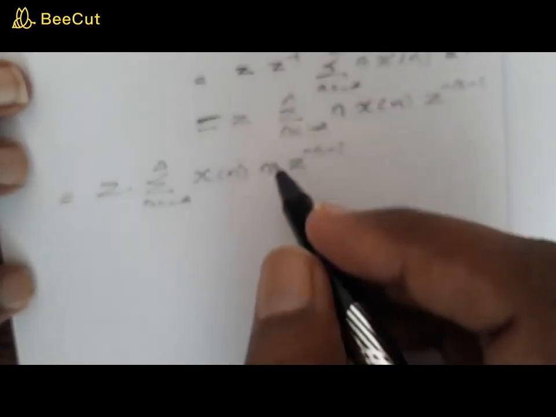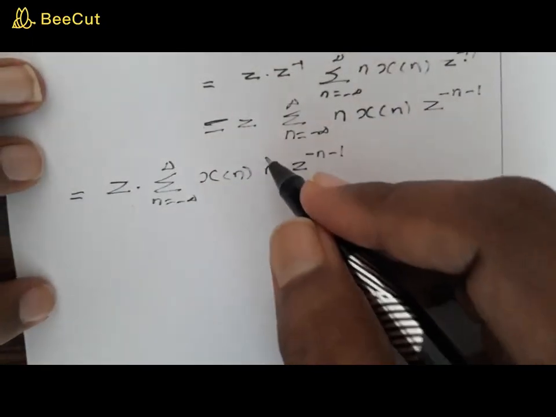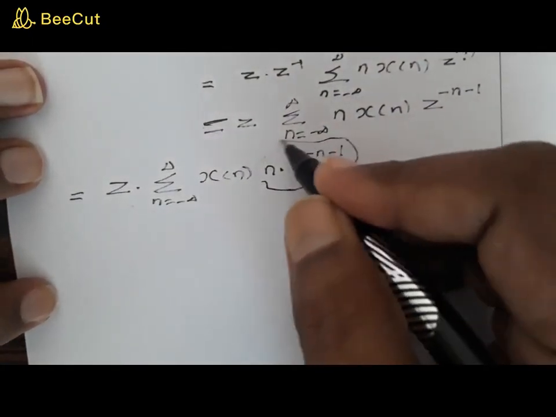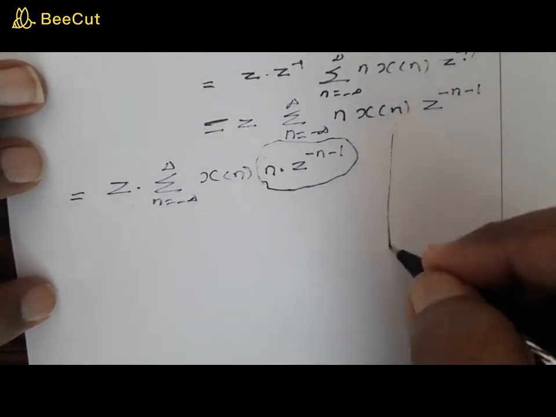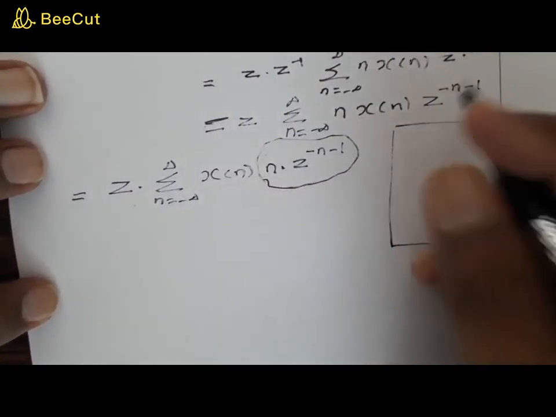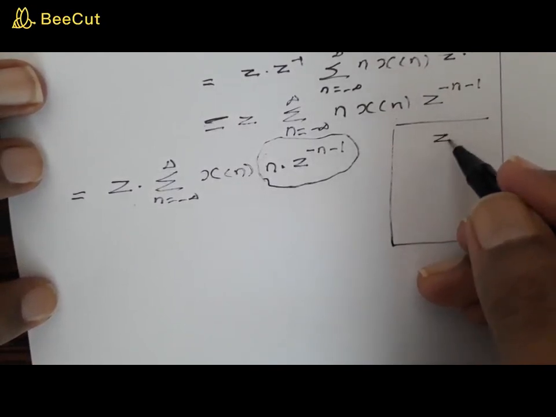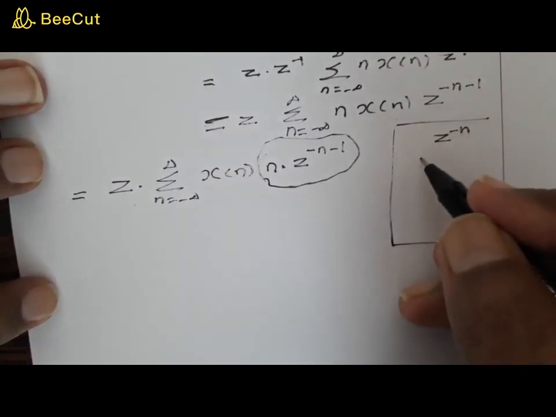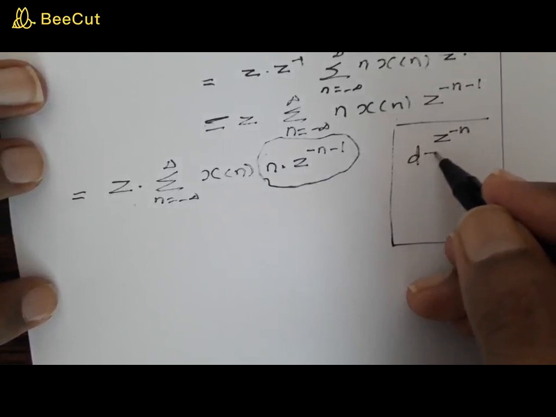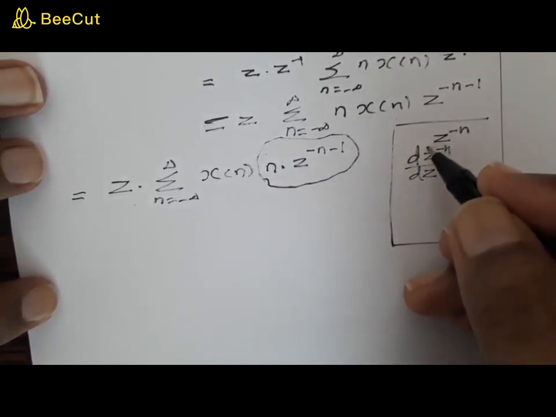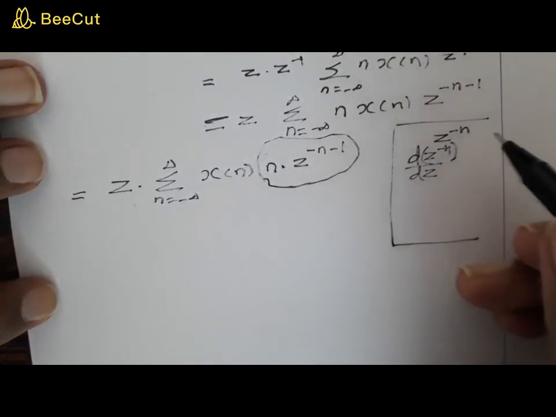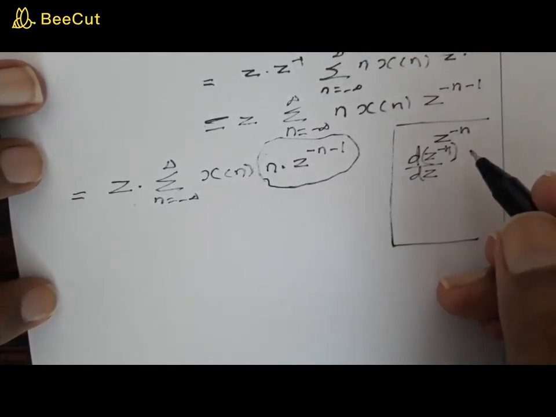Just have a closer look at this. Is it actually the result of anything? You have a variable z raised to minus n. So what is the derivative of z raised to minus n with respect to z?